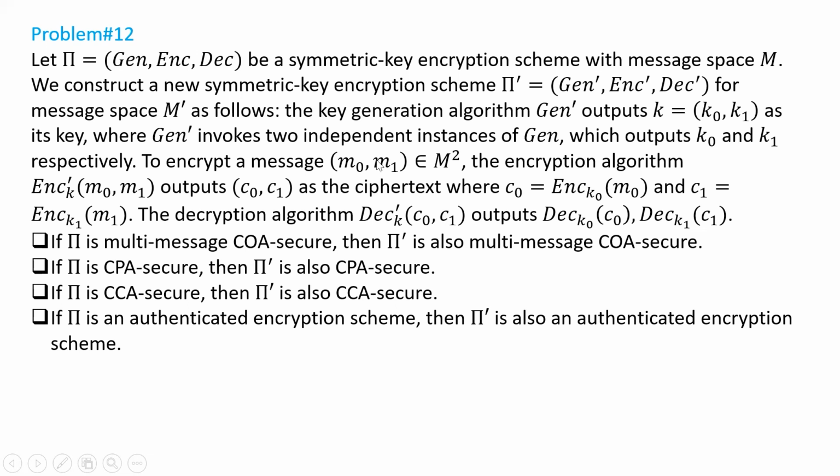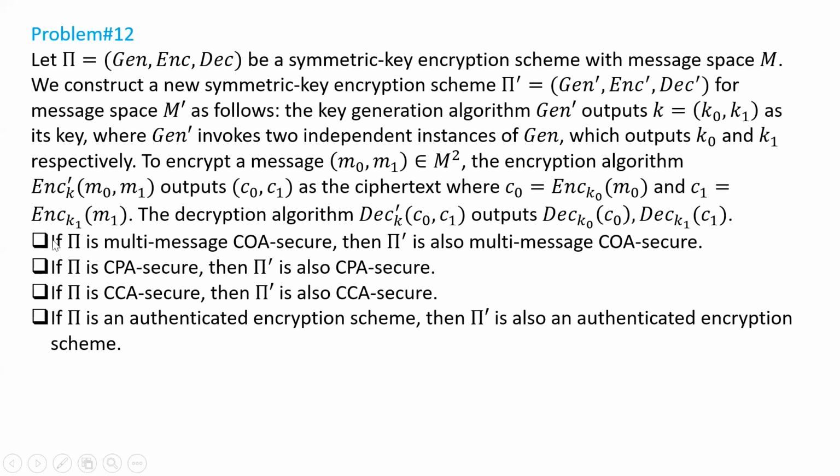So basically, what is happening? You have two messages from space M, and together you are encrypting m0, m1 using the original encryption scheme with respect to key k0 and k1 respectively. And then during decryption also, you decrypt these two ciphertexts c0, c1 with respect to key k0 and k1 using the original decryption algorithm of scheme pi.